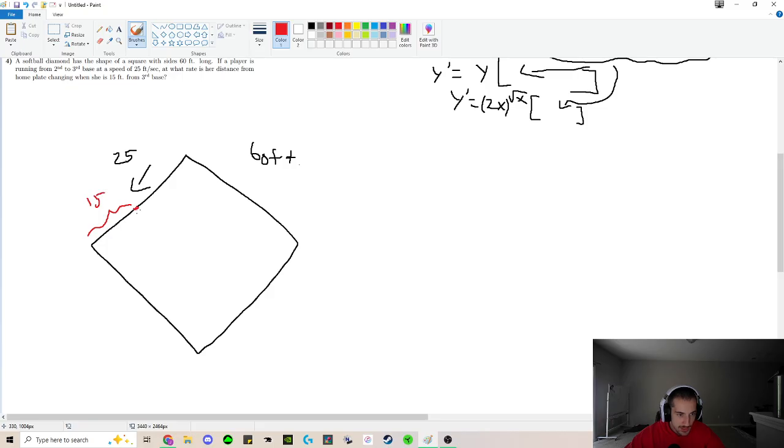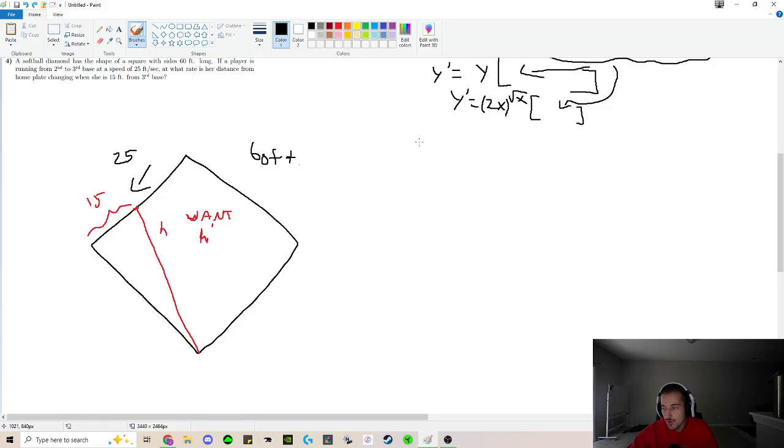And we're looking at this distance to home plate, we will call H, and what do we want? h prime, right? Our derivative, you know what I mean? What distance from home plate is changing. Perfect. So let's find this.